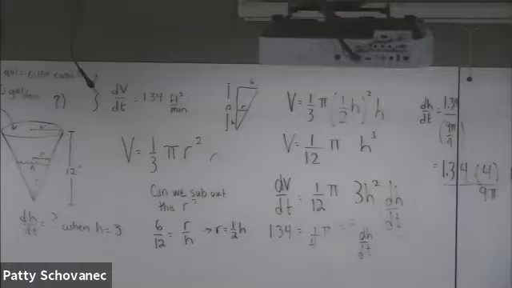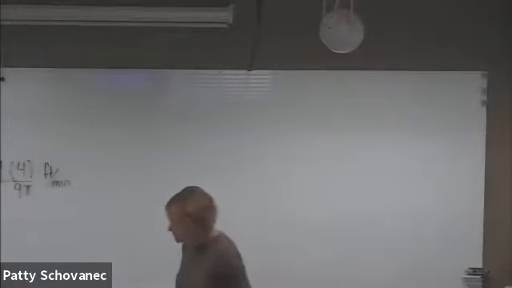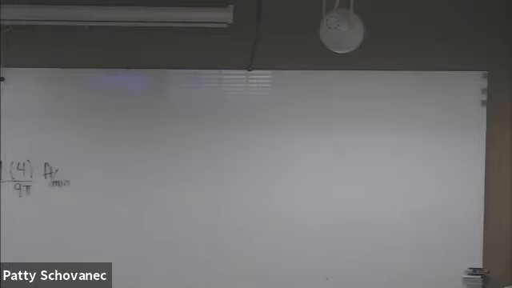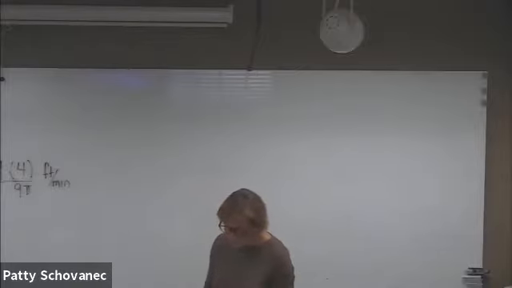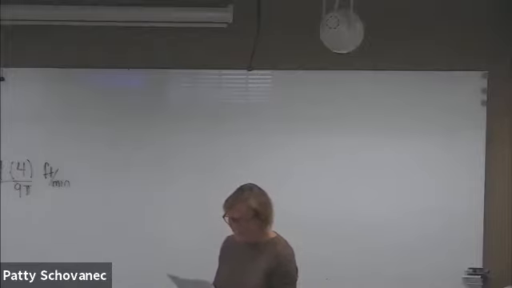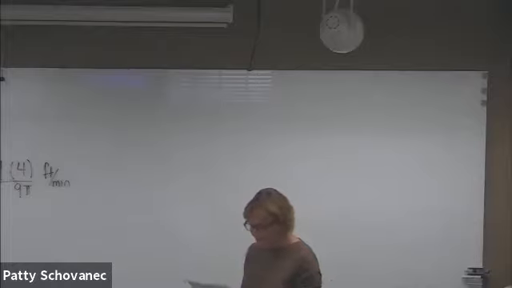See if we can at least get the next one set up in the remaining 5 minutes. All right, a block of ice in the shape of a cube, originally having a volume of 1,000 cubic centimeters, is melting in such a way that the length of each of its edges is decreasing at a rate of 2 centimeters per hour.